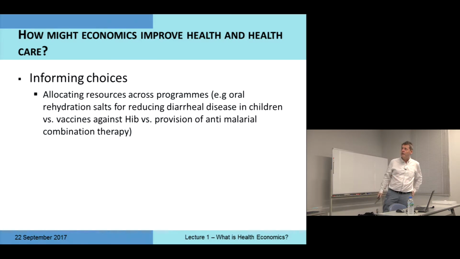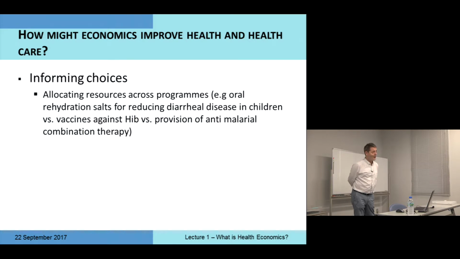Now, there's lots of choices. It might be allocating resources across different healthcare programs. For example, we've got excellent evidence that oral rehydration salts reduce diarrheal disease in children. Indeed, a kind of, makes it sound like this lecture is sponsored, product placement.